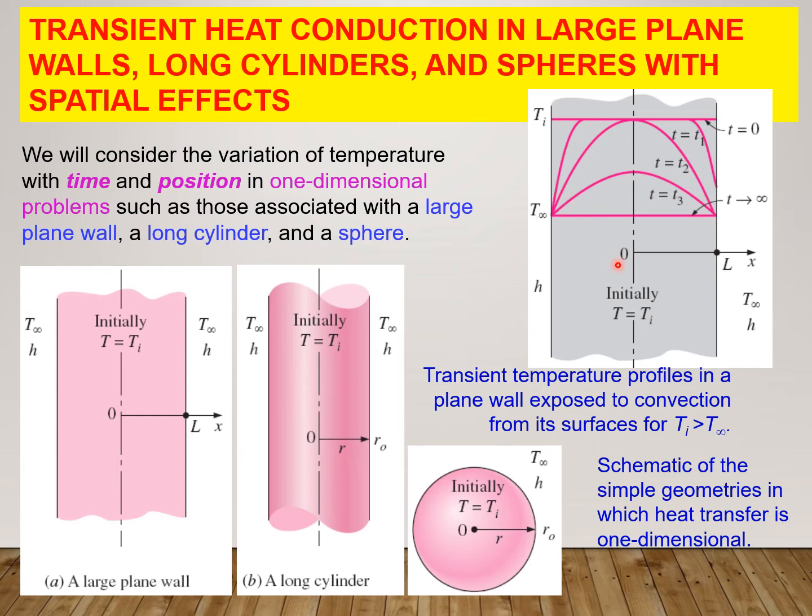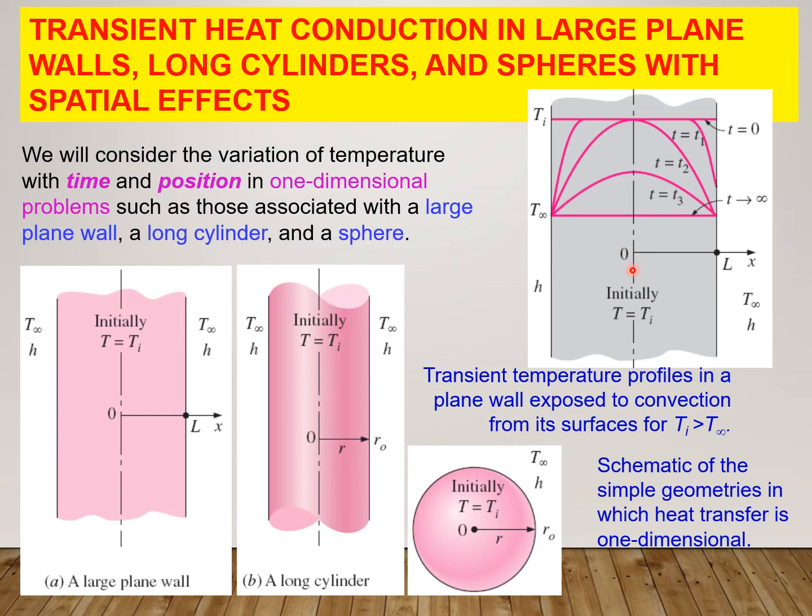When the wall is first exposed to the surrounding medium at T infinity, which is greater than T initial, at t equal to 0 the entire wall is at the initial temperature Ti, but the wall temperature near the surface starts to drop as a result of heat transfer from the wall to the surrounding medium.